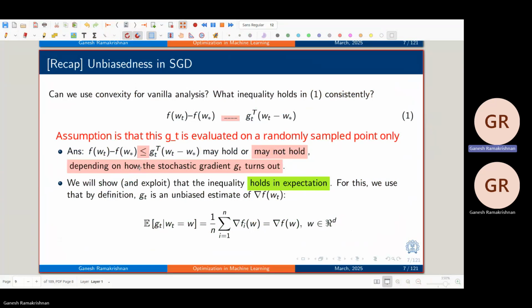So the summation is fine. I'm going to replace the gradient evaluated on the ith point with the current iterate w_t as g_t, because the i is random.